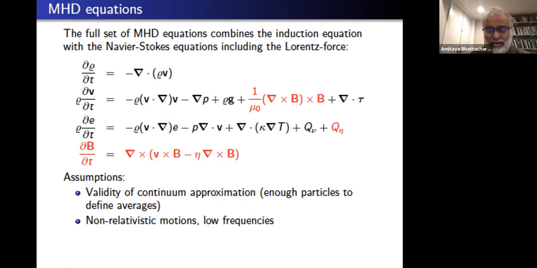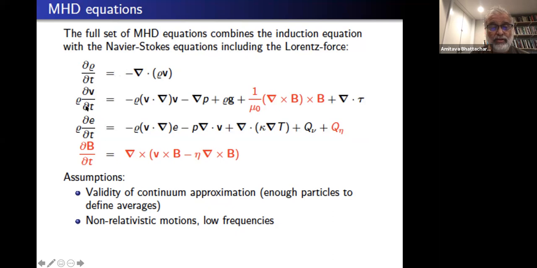And that is because the governing equations for magnetic fields, at least at a first approximation, are the equations of magnetohydrodynamics, which are like the Navier-Stokes equations in fluid dynamics, except that they're modified by the presence of magnetic fields. So the first equation, del rho del t equals minus del dot rho V, is the equation for mass continuity.